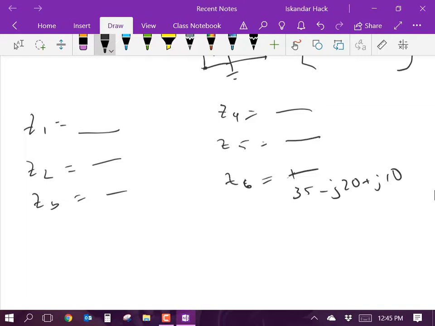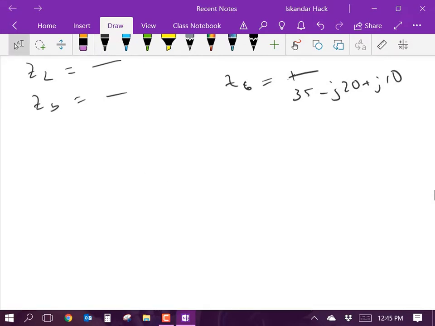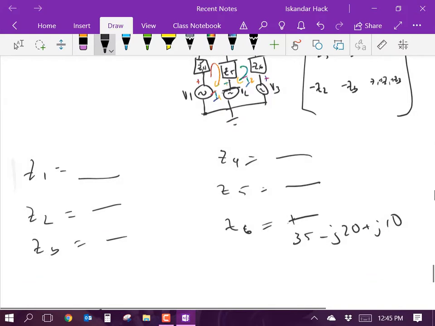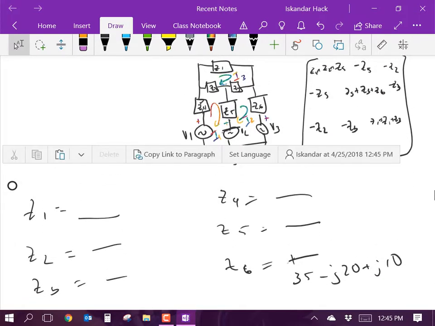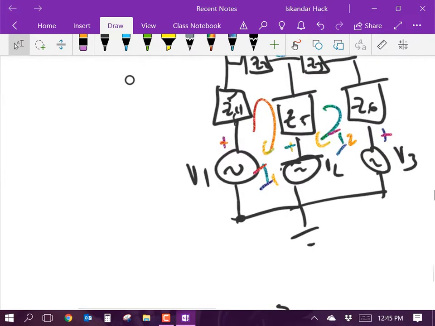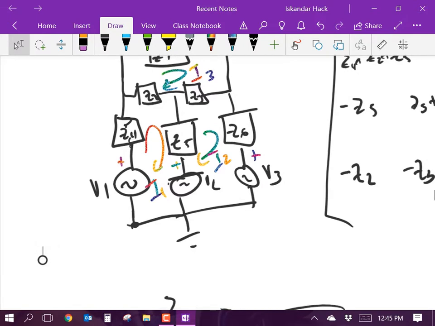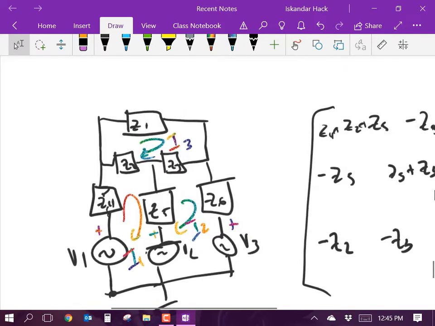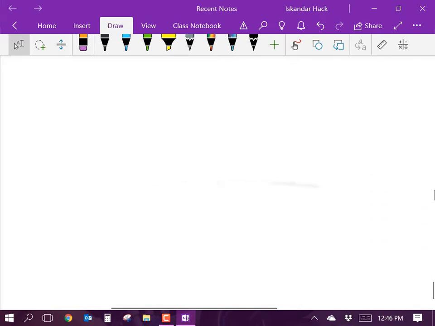So you would put those in, and then you would just simply say that Z, and this is capital Z, is equal to a matrix, and what did I have there? I can't read my writing.